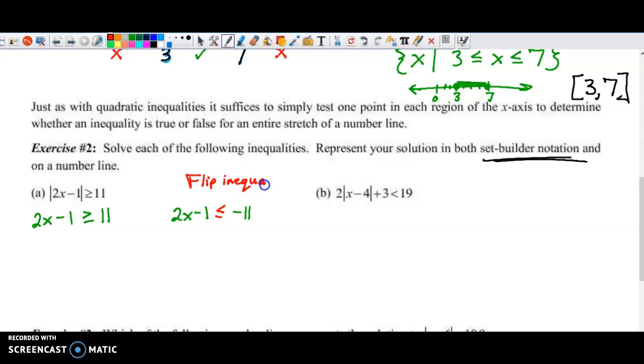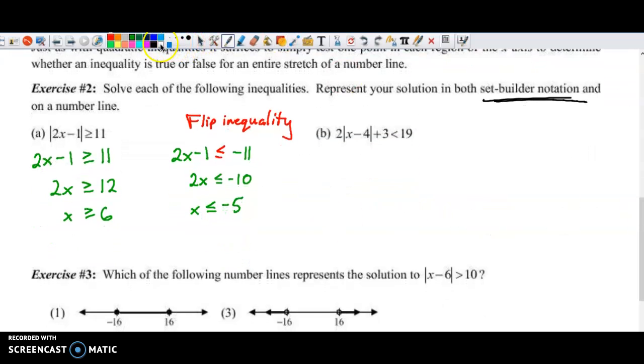It's because what you're technically doing is dividing by -1, and when you divide by a negative, you have to flip that inequality. But let's go back to green and solve this. 2x plus, you add the 1 over to get 12, so x is greater than or equal to 6 when you divide. Whereas on this one, you add 1 to -11, you get -10, and when you divide by 2, you get -5.